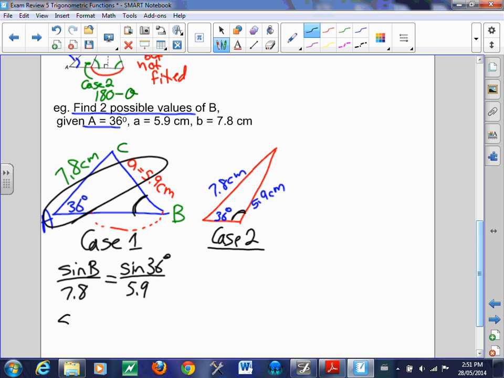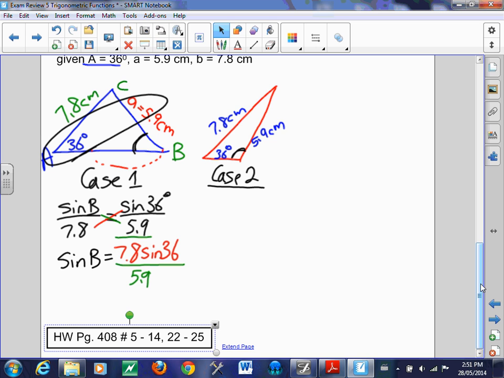Sine B equals the opposite cross. So I'll just do it in different colors here. Opposite cross, which is 7.8 sine 36. And then you're going to divide by what you would normally multiply by, which is this value here. So you're going to divide by 5.9. Everybody okay with that?